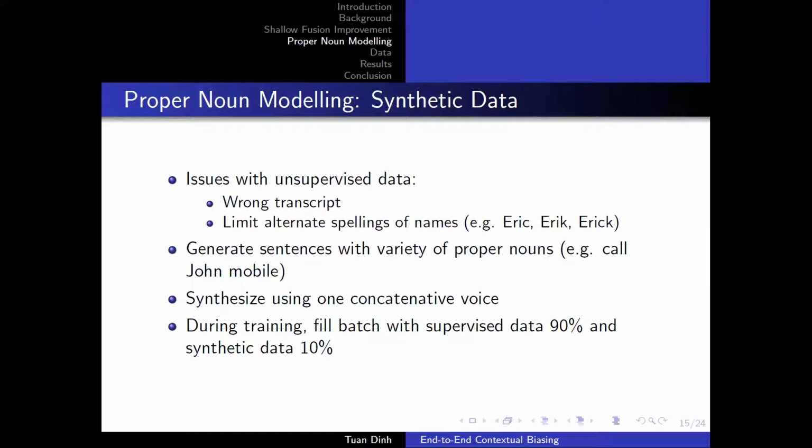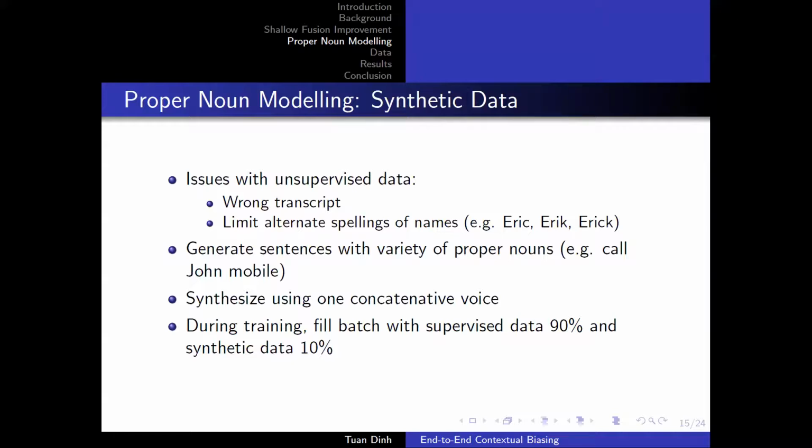The issues with unsupervised data are wrong transcription and the limitation of alternate spellings of names. For example, Eric and Erik are mapped to the one predicted by the conventional model.